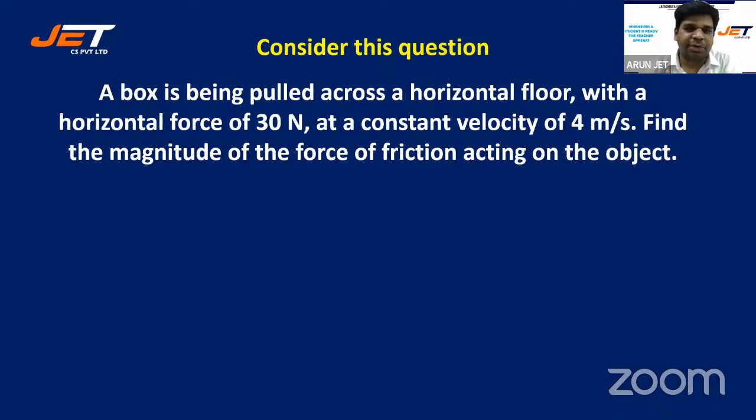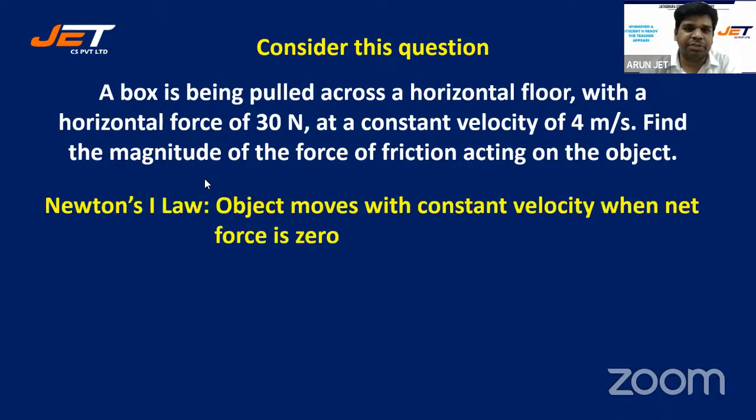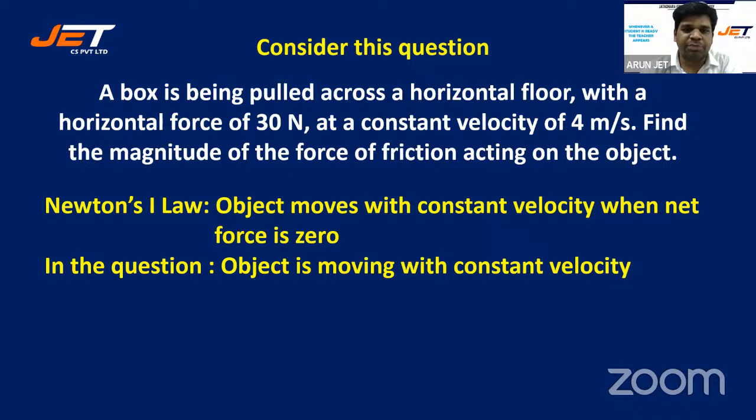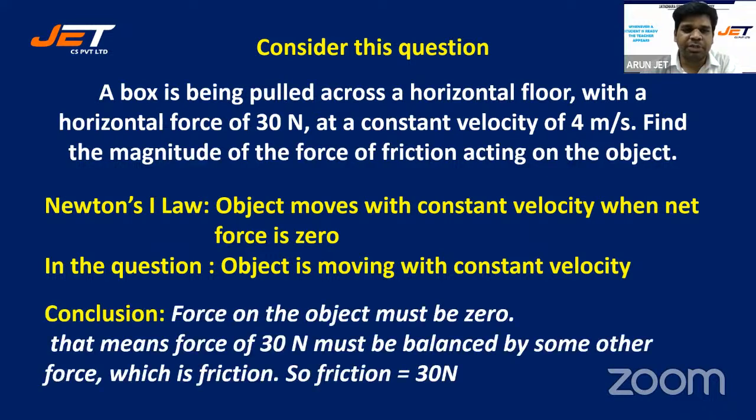Good. Now, let us see how we reason it out. And we have to find out the force of friction. So Newton's first law says an object moves with constant velocity when net force is 0. In the question, the object is moving with constant velocity. That means net force on the particle is 0. Conclusion, net force on the object must be 0. That means the force of 30 Newton must be balanced by some other force.